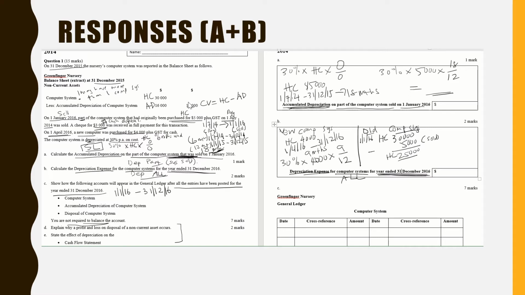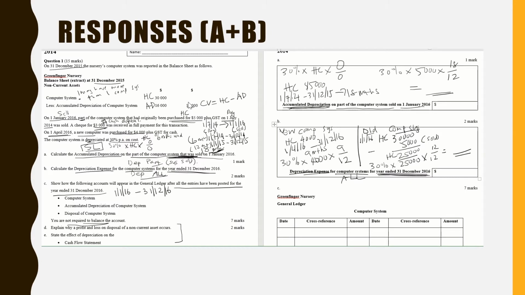And with that, I can now calculate the depreciation of 30% on that historical cost of $25,000, the balance of the old computer systems. Now we have to think about it. This is from 1st of January to the 31st of December. So that's 12 full months that we are depreciating this asset. And then we'll get another calculation of depreciation here.